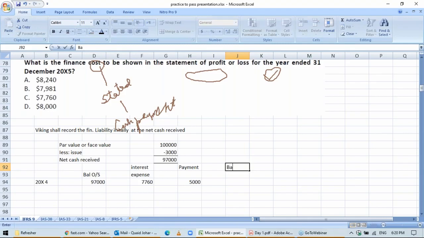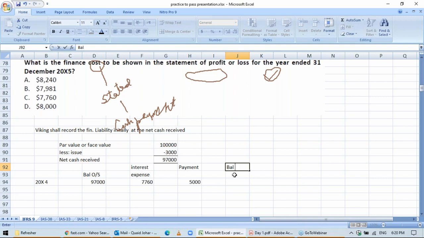Now, as the effective rate of interest is higher than the rate being paid by Viking, the balance outstanding will keep growing. So Viking was bound to pay 7,760 to its creditor, but it paid only 5,000. So the balance shall grow by 2,760.